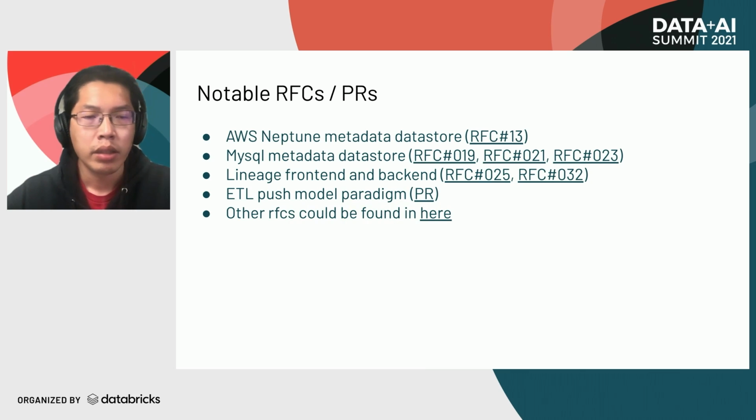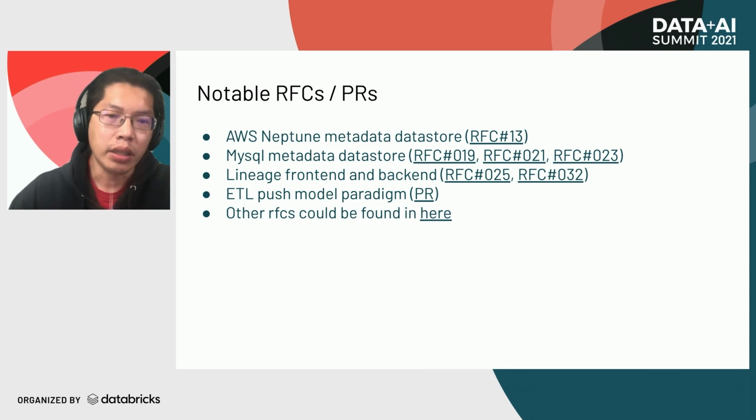There is also a feature providing native support for lineage, with both lineage front end and backend. Currently, Amundsen is more of a pull model for ingesting metadata. There's another pull request to show how we could do a push model. Other RFCs can be found in the following link.